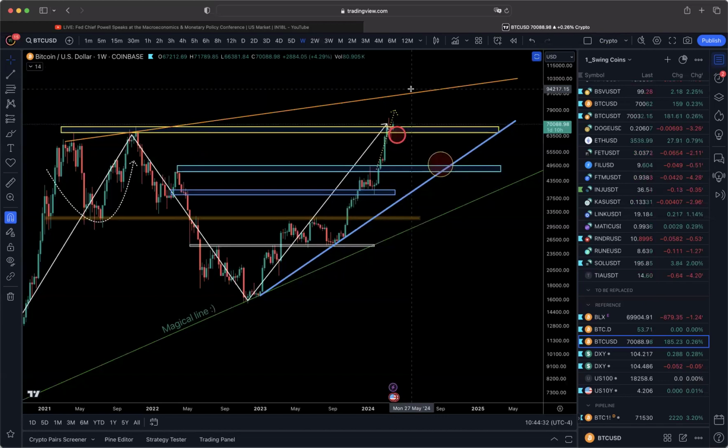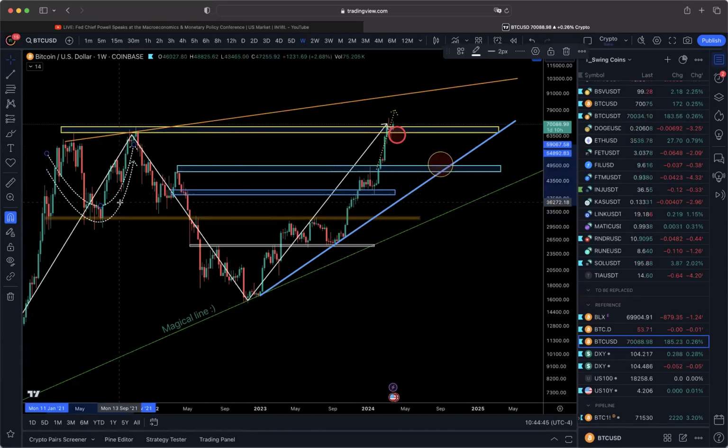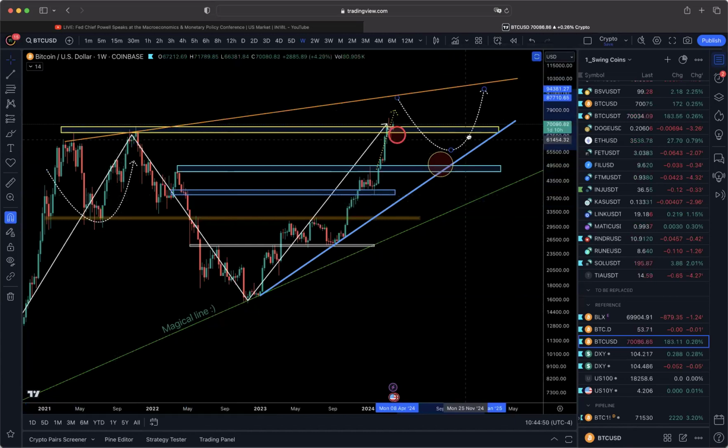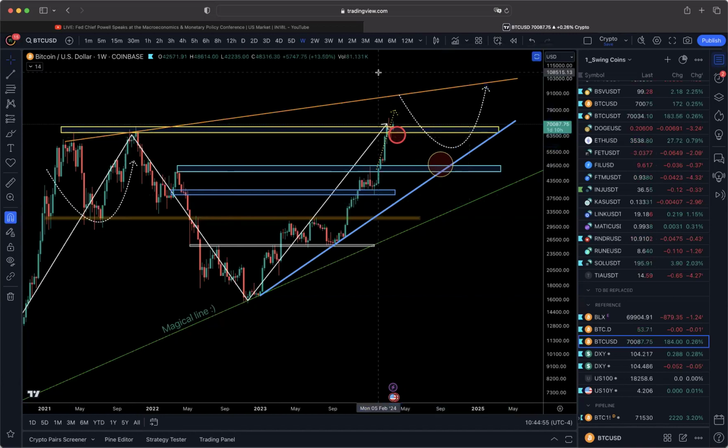But let's take the 90K range as the guide, where we see some kind of major reaction. So the arch that I talked about could actually form. I'm not saying it will. Something like that we might see. Okay. And this could be this much or this much.